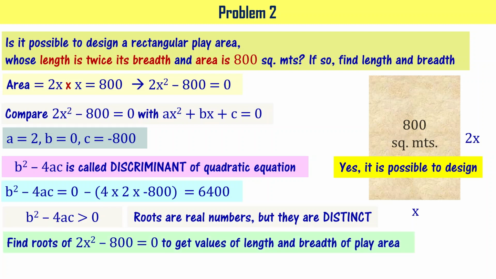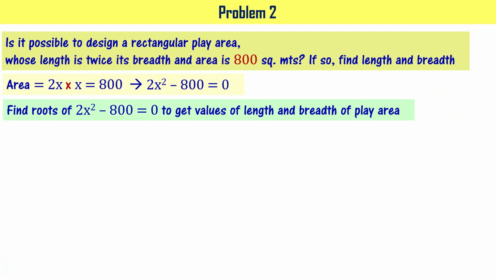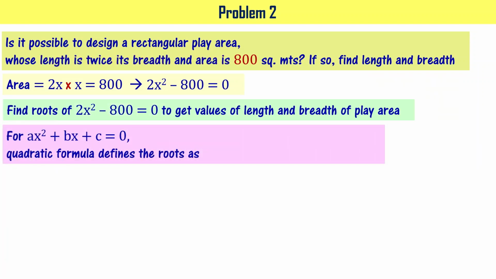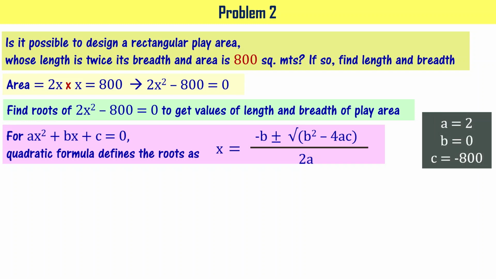Now let's find roots of this particular equation so that we know length and breadth of the play area. Let's find roots using quadratic formula. That is x equal to minus b plus or minus square root of b square minus 4ac divided by 2a, right? And we know a equal to 2, b equal to 0 and c equal to minus 800, right?